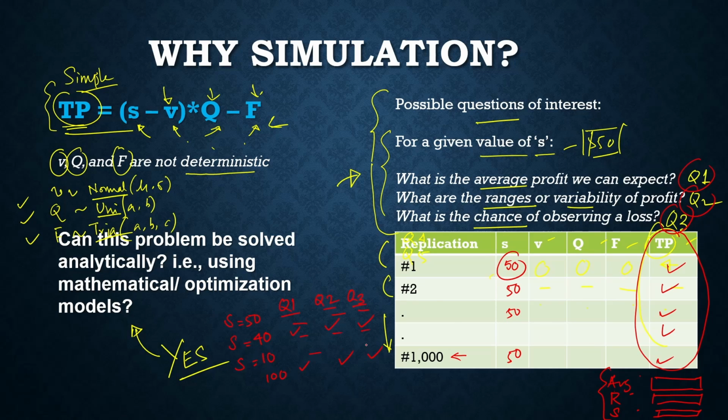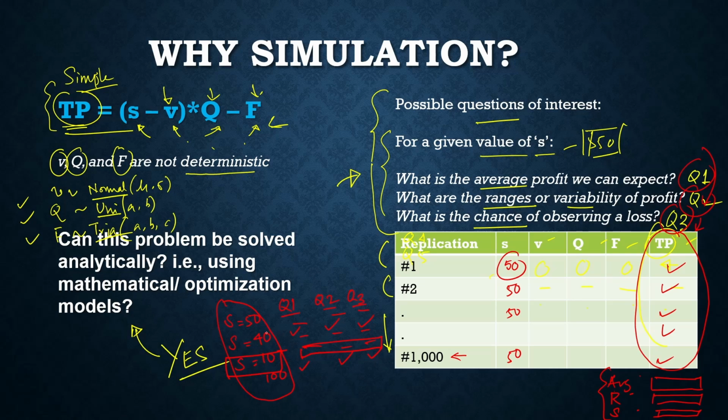So see what is happening. For multiple values of your own controllable factor, that was S, you are getting these questions answered. And now it is not very difficult for you to choose a particular value of S, looking at the answers to these questions.